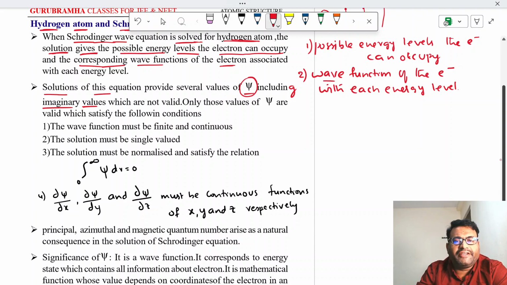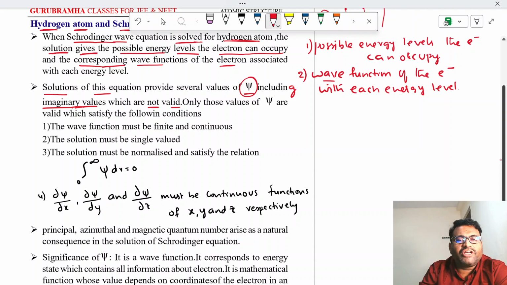Wave function means psi. Among those psi values, some are valid and some are not valid. Imaginary values, which are not valid, we also got.